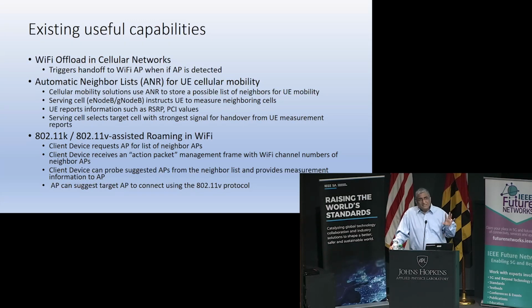This way, the client device does not have to scan all possible channel numbers, but knows which one to focus on in that particular area, and then gets measurement reports, can figure out what the channel utilization is, signal quality is, and so on. And then there's also a protocol called 802.11v that helps in selecting the target AP. So it's now looking very similar, right?